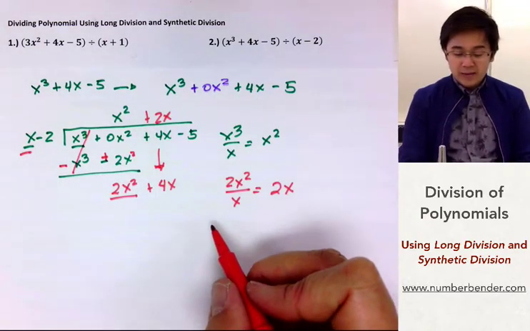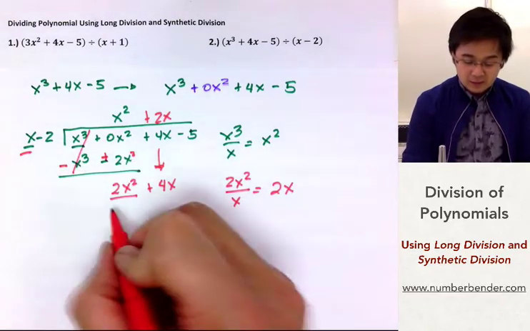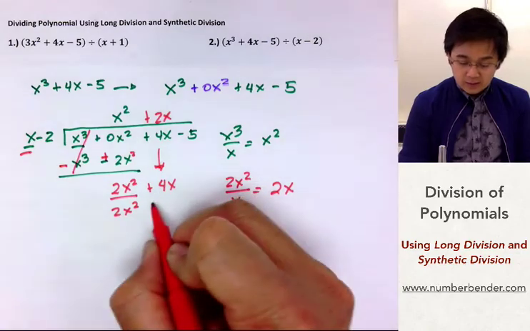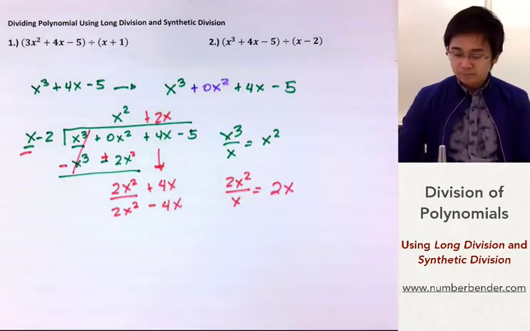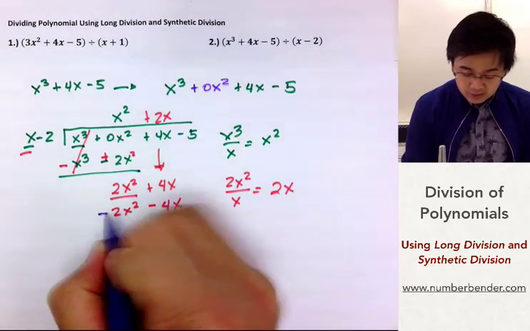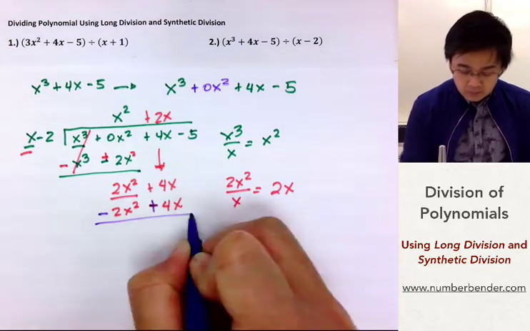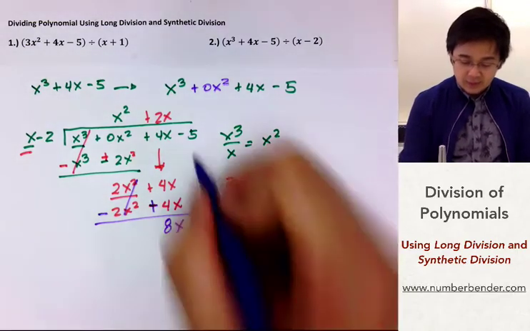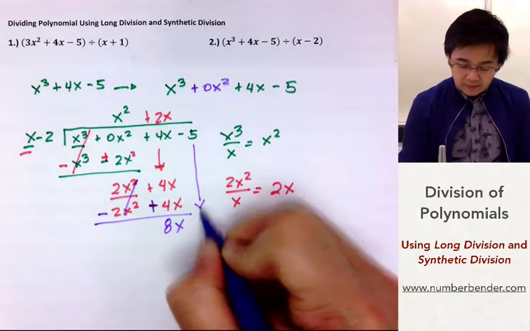So to multiply it back, 2x times x is 2x squared, and 2x times negative 2 is negative 4x. And then we subtract. So we change the sign. This cancels out, and we'll have 8x. And then we bring down negative 5.